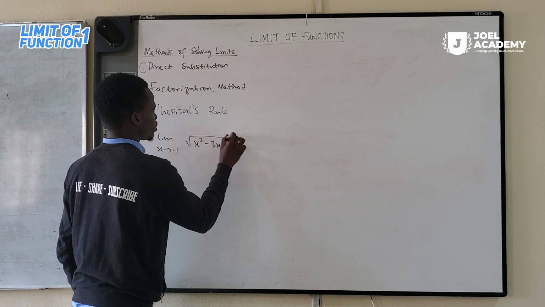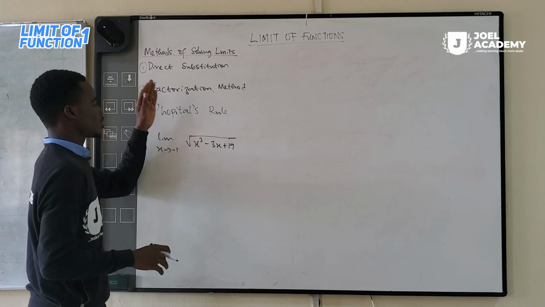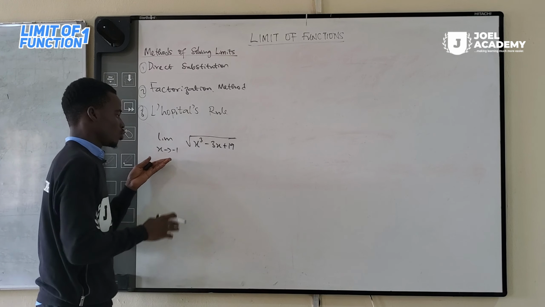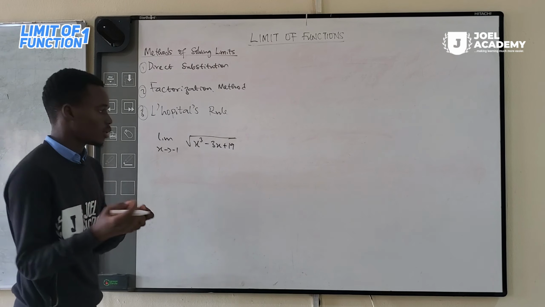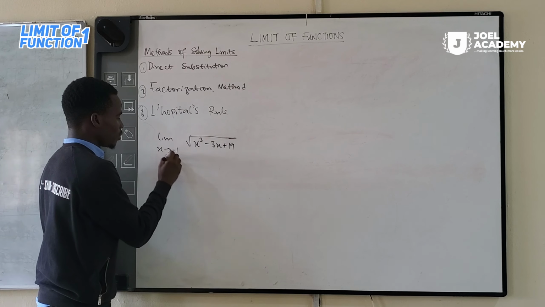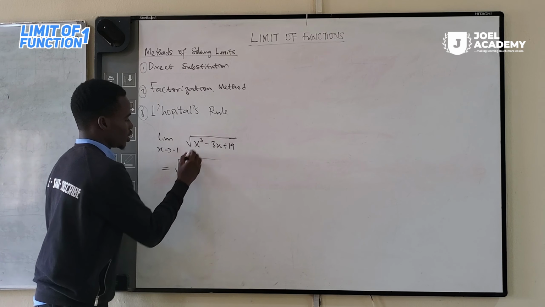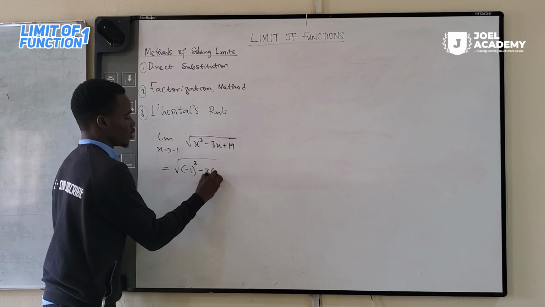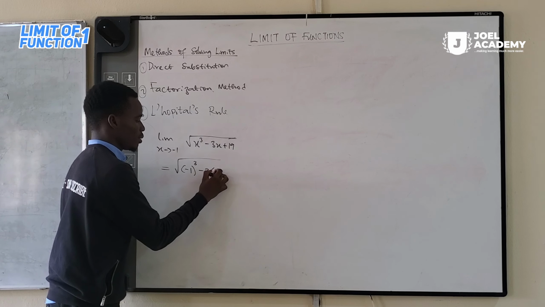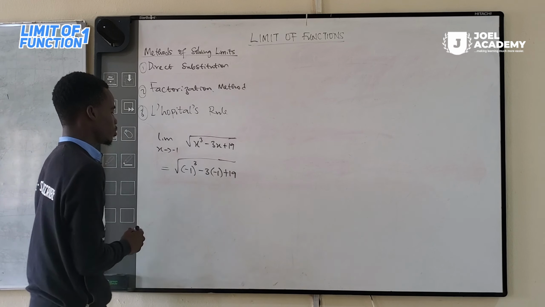Limit is fundamentally about substitution, so wherever we see x, we put minus 1. We have minus 1 cubed, minus 3 times minus 1, plus 19, all square root.